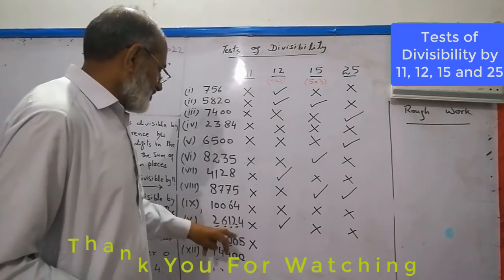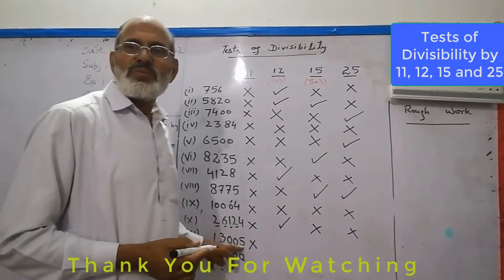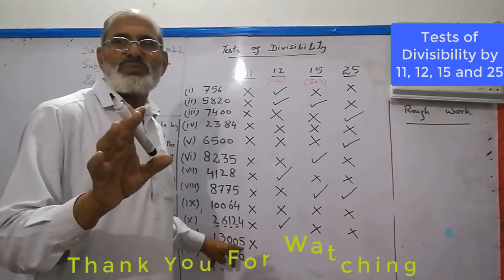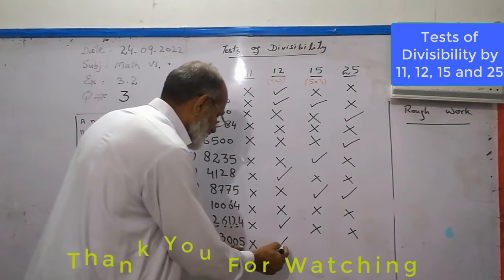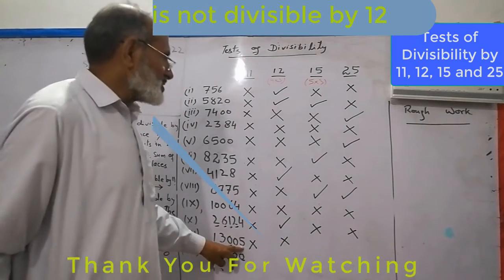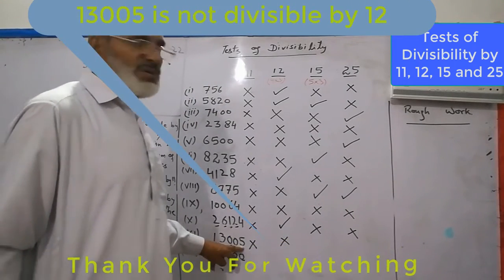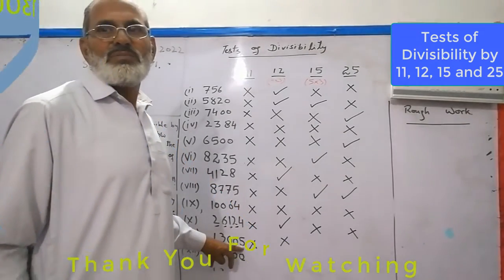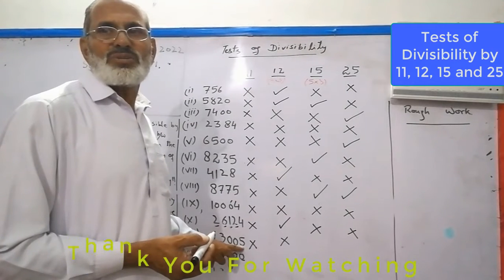And for 12, because here it is 5, and whenever there is 5 at the unit place, that value can't be divided by 4. The first condition is not met. I put here a cross. For 15, it should be divisible by 5. Yes, it's divisible by 5 because it's 5. Let's see, either this value is divisible by 3 as well.